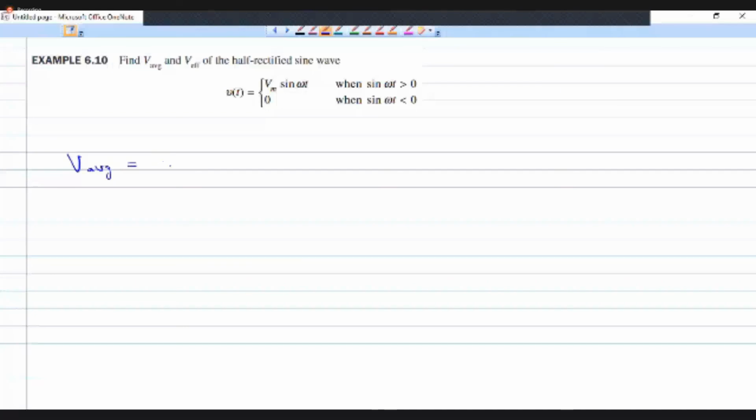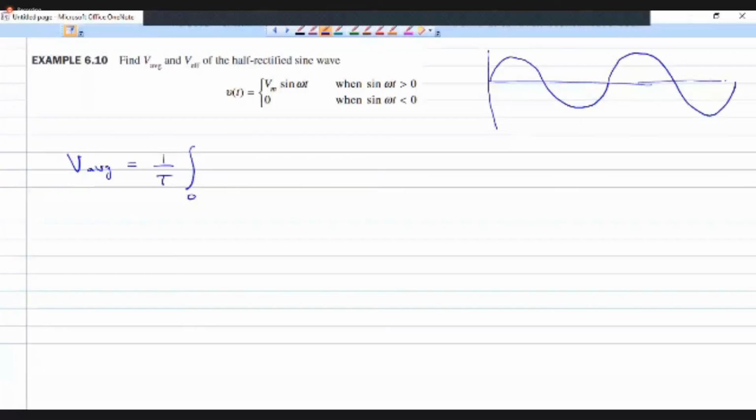It is 1 by T integral over 0 to T. But before that, let us understand what is done here. Okay. So what is half wave rectification? You have a voltage. So I will take out 2 cycles for better understanding.